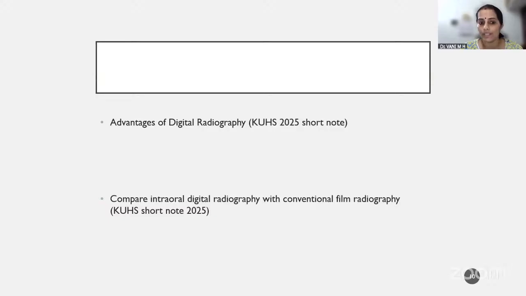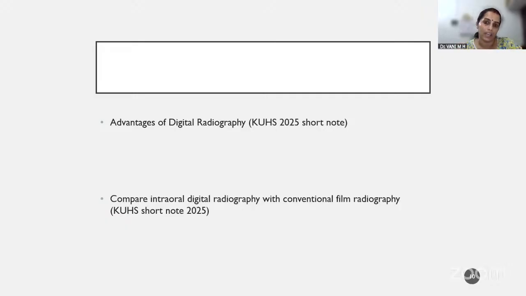Now, the next question was on advantages of digital radiography, which has come up as a short note in the examination. Here, you have to compare and write most of the points against conventional radiography, like how you can avoid processing and how you can enhance the images.